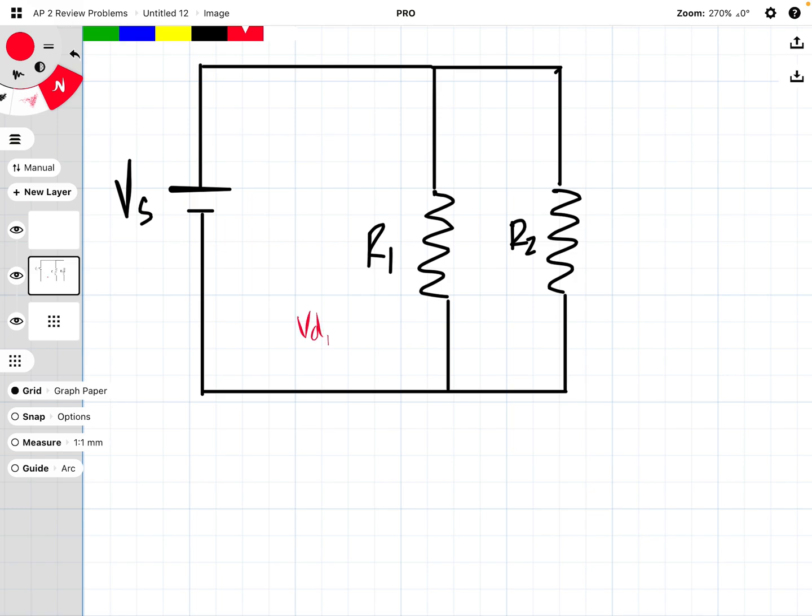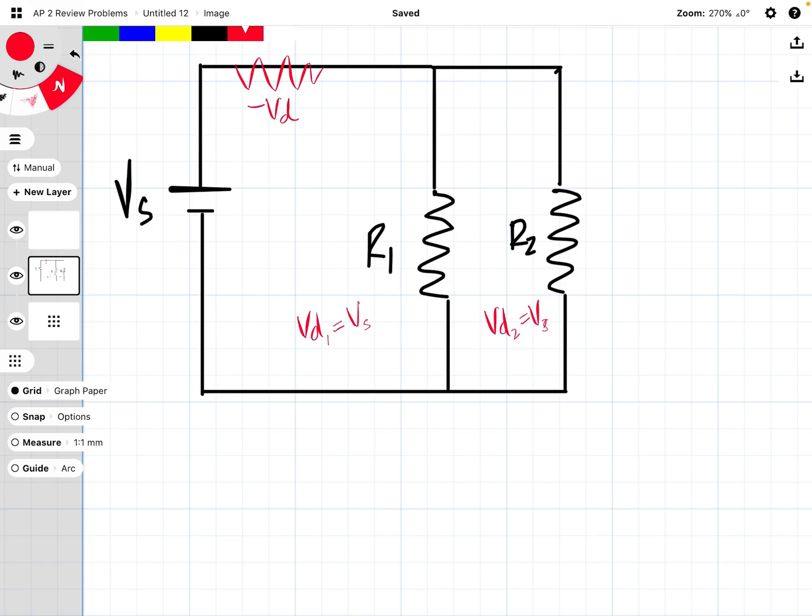Voltage drop 1 will equal the total voltage of the source, right? Same thing here with voltage drop 2. It will also equal the voltage of the source. The only case where that's not happening is if we have some resistor up here. There would be some initial voltage drop, and then whatever was left would be equal across R1 and R2.